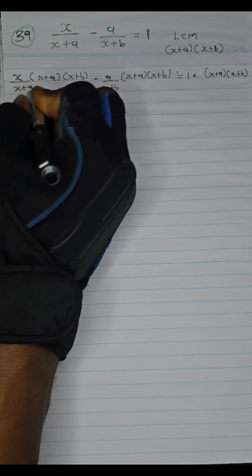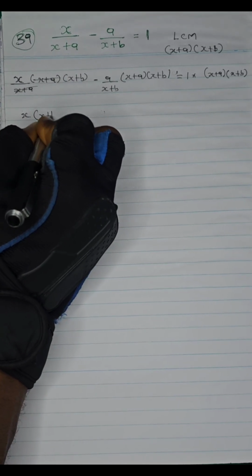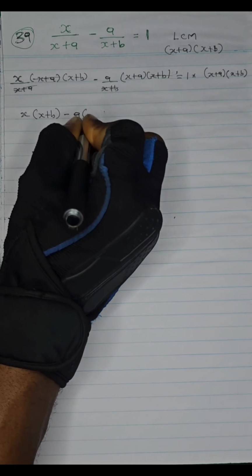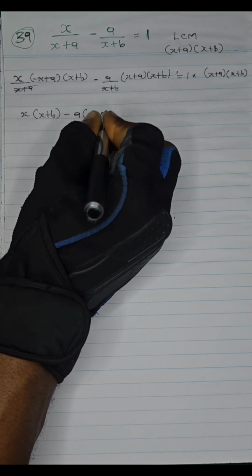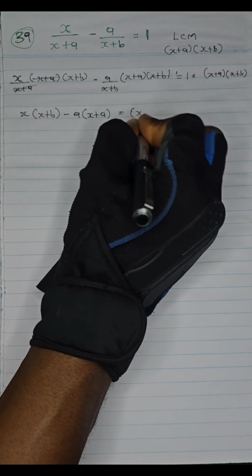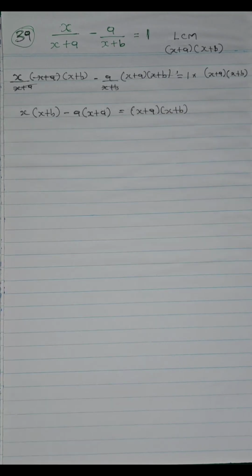So first, x plus a will cancel out. We are left with x plus b. x plus b will cancel out. We are now left with minus a times x plus a is equal to, now we have x plus a, x plus b, because when you multiply by 1, nothing changes.